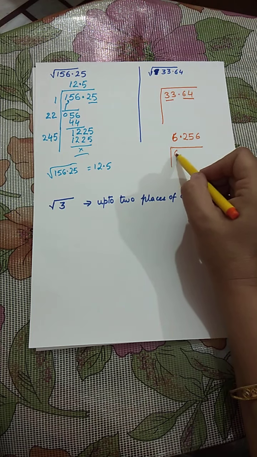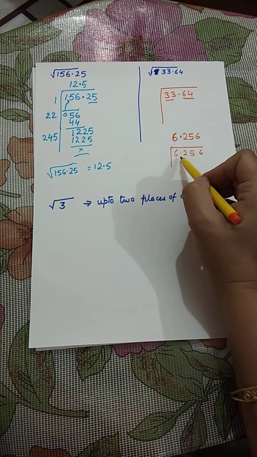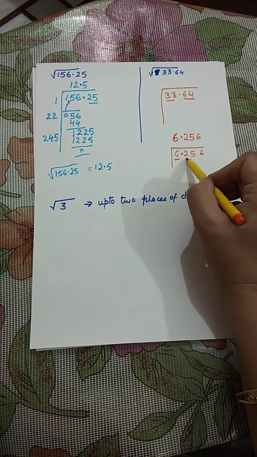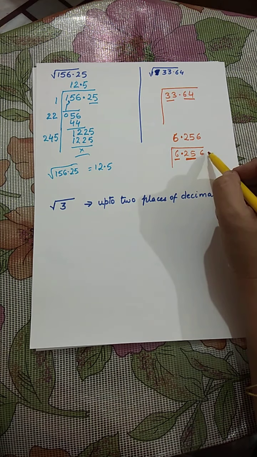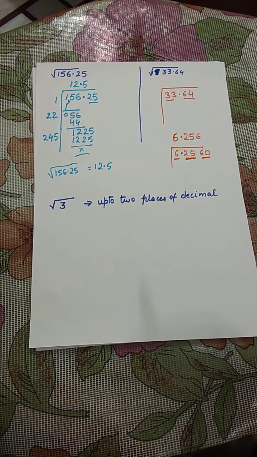So over here when you make a pair like this, it will become one pair. This is the other pair. Now over here you are running short of one number to make it a pair, so you can add a 0 from your side to complete its pair.